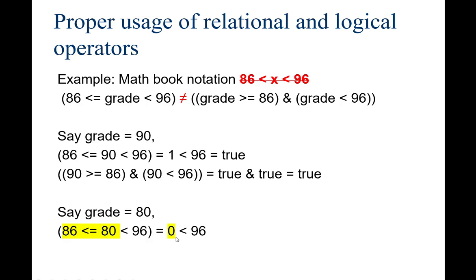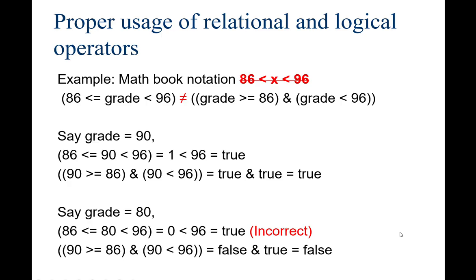Is 0 less than 96? Yeah, 0 is less than 96, but that's not what we wanted, because we wanted to know about the grade. And it gave you a 0 and a 1, where if we did it the right way, where we say is 80 greater than or equal to 86 and is 80 less than 96, you have false.